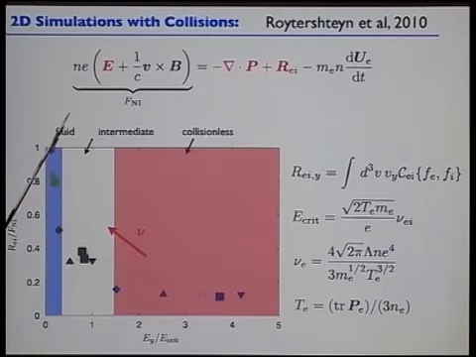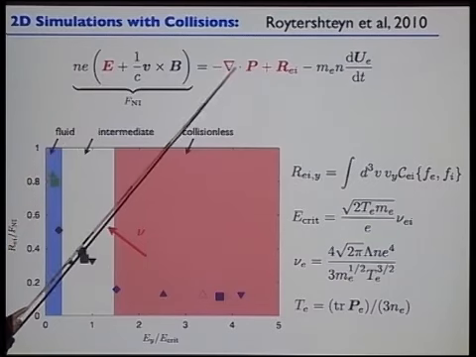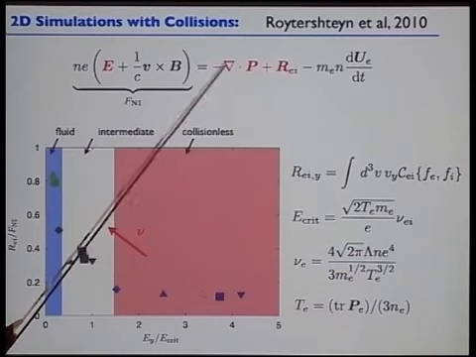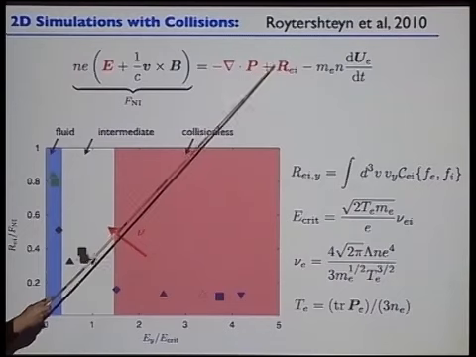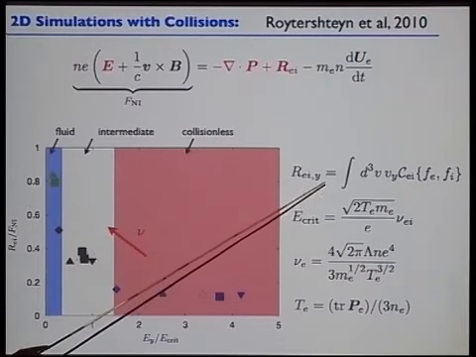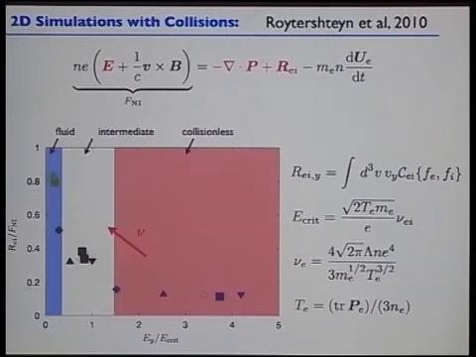In the collisionless limit near the X line, you're mainly balancing E with div PE, okay? And as you, of course, go into a very collisional limit where kinetic effects aren't important at all, you should balance E with your momentum exchange, which is the first moment of your collision operator. Near your X line, there's really no thermal electric term. It's really just your friction force that's coming in.